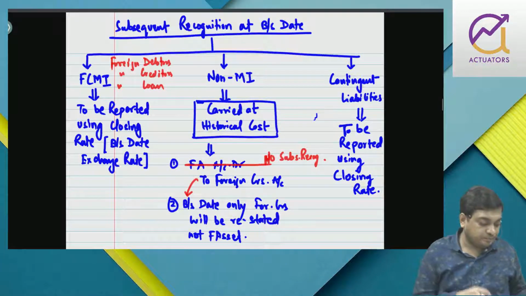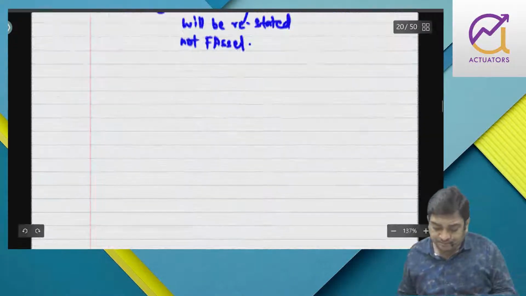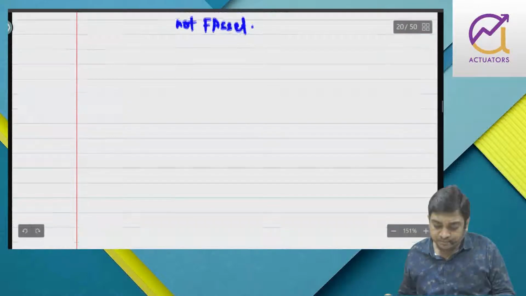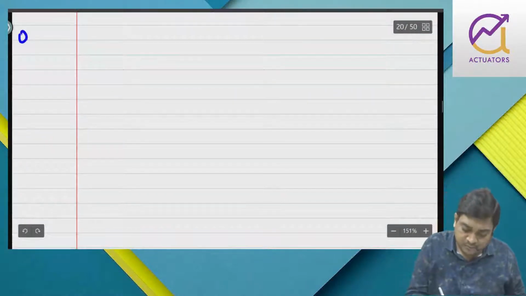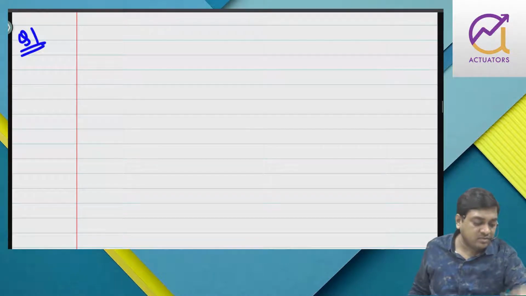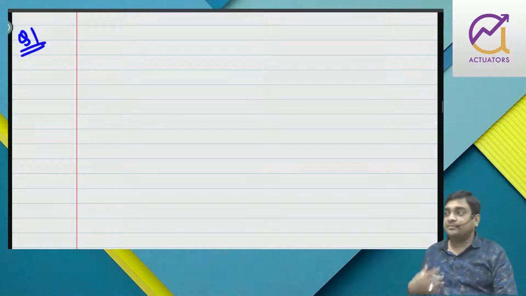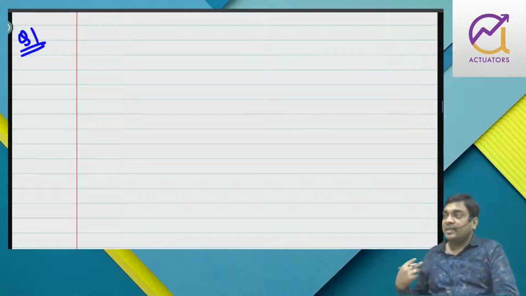Right? Now, the very first question: compute the loss or gain for the financial year ending 31st March 2019 from the following. Is that fine?